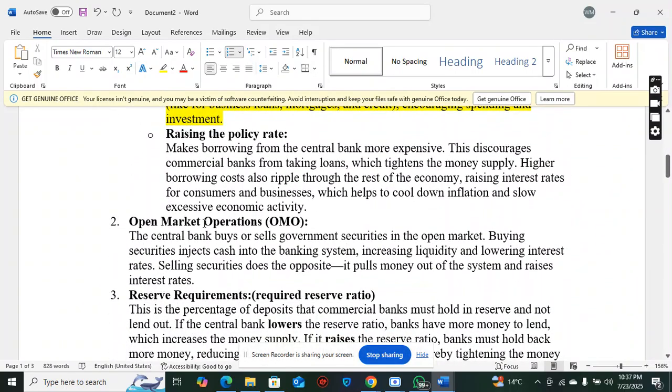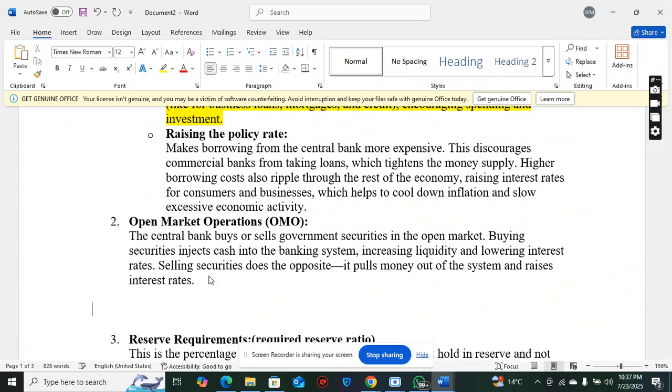The second one, in terms of open market operations, the central bank will buy government securities, the treasury bills, from commercial banks.